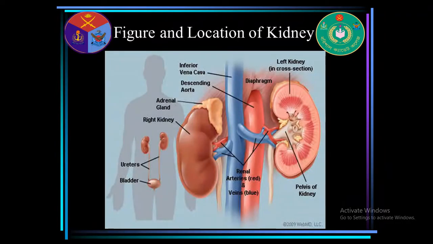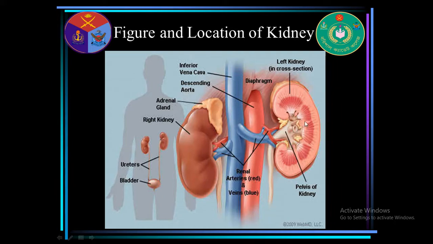This is the location figure of the kidney. Look, this is our kidney, and this is the adrenal gland. Actually, this is not a fat body, it is a kind of gland whose name is adrenal gland. This is the renal artery, shown in red, and the green one is the renal vein.